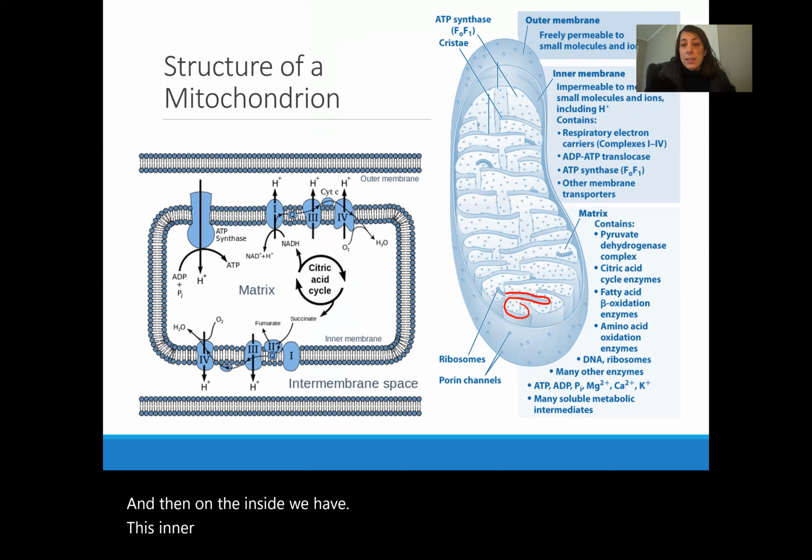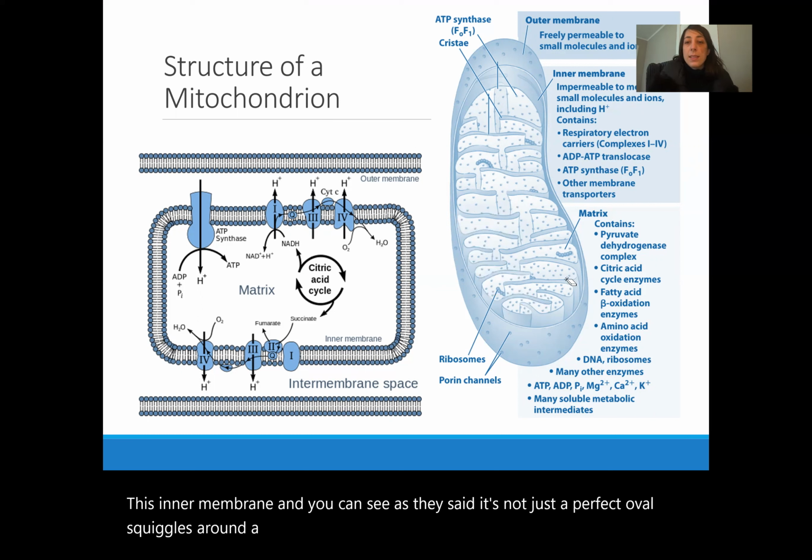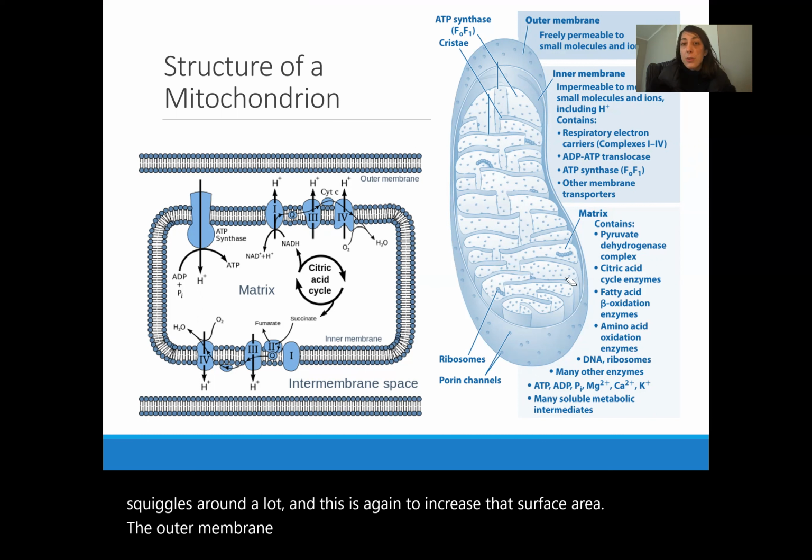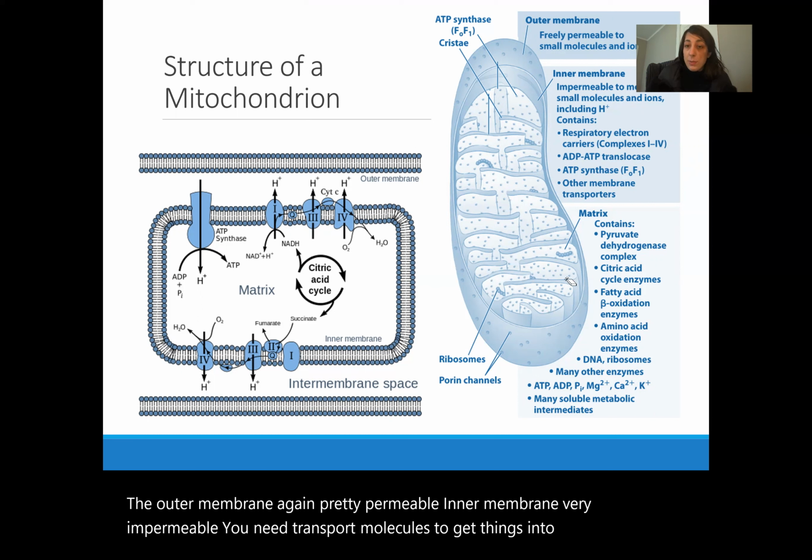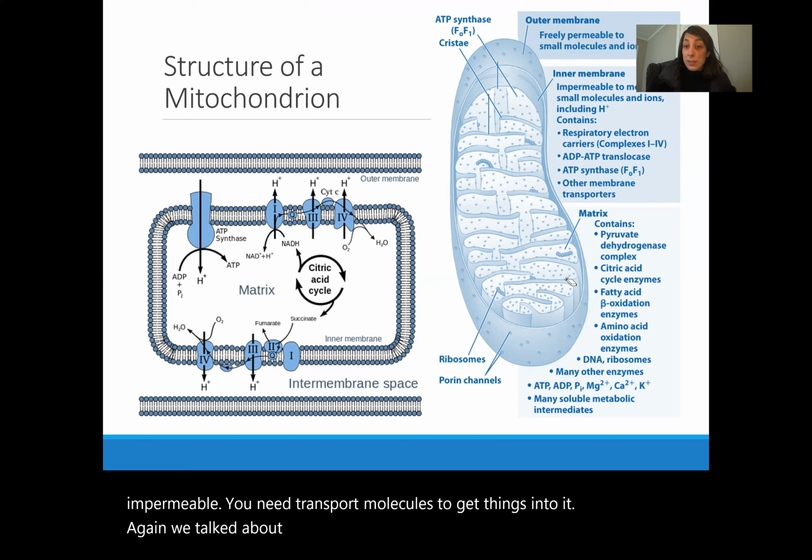And you can see, as I said, it's not just a perfect oval, it squiggles around a lot. And this is, again, to increase that surface area. The outer membrane, again, is pretty permeable. Inner membrane, very impermeable. You need transport molecules to get things into it. Again, we talked about the pH, the difference of what is occurring.